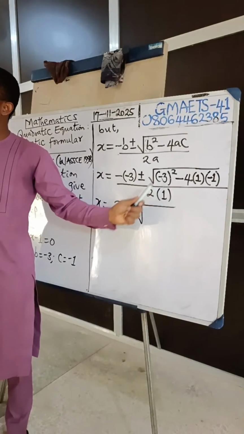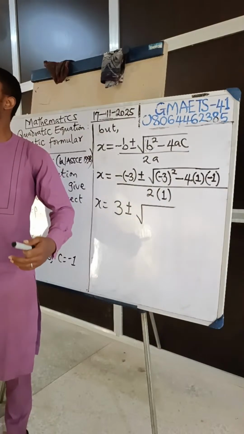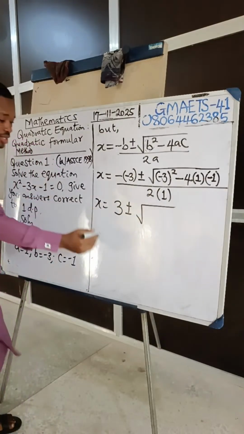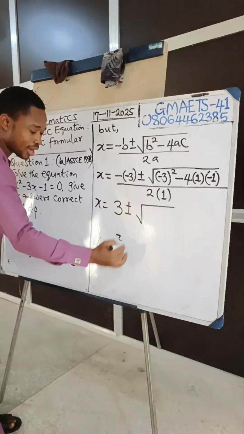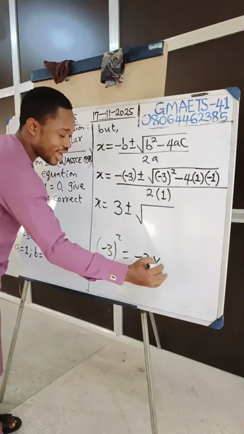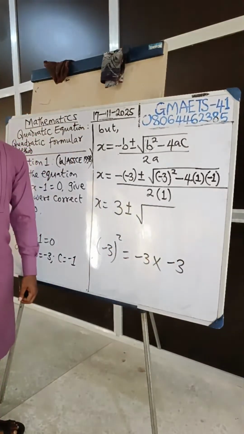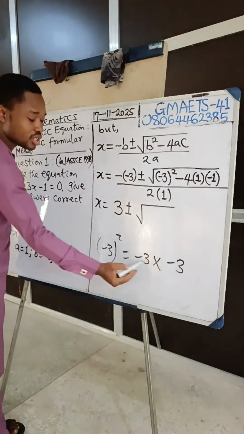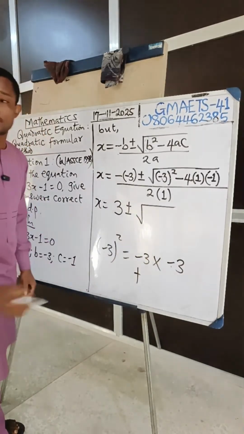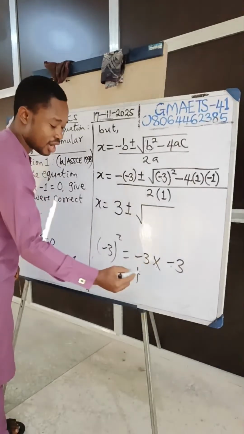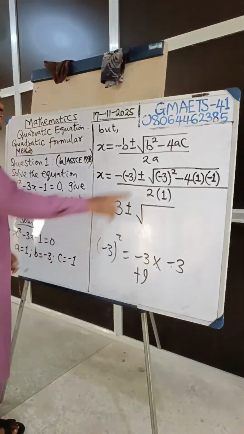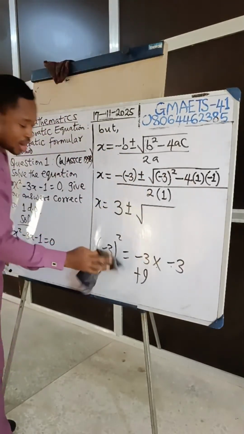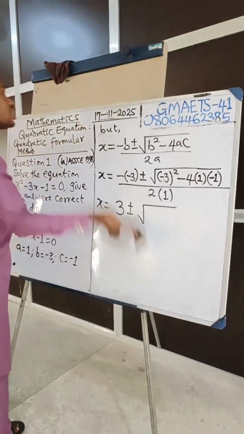Even. That negative will disappear because it makes use of minus times minus. Look at it. Minus 3 all square is the same as minus 3 times minus 3. That's the implication. Are you getting me? Yes. Then minus times minus will now change to what? Plus. 3 times 3 will now give you what? 9. So that is how we got minus 3 squared to be equal to positive 9.